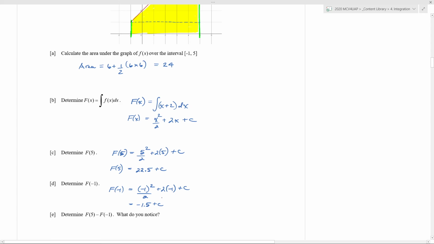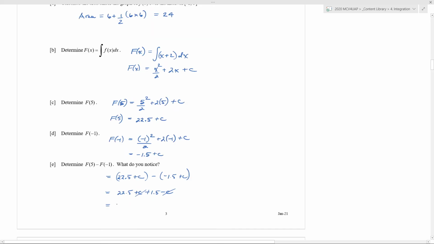Again, the c's are irrelevant. And we get 24. Which is exactly the same as the area under the graph. So it looks like it's not completely random, that this happens all the time. And we can try it again.